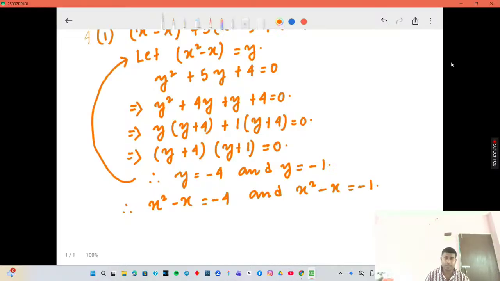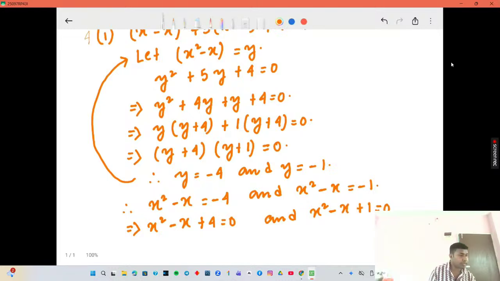Now we will solve these equations. Now you can see that two quadratic equations have come: x square minus x plus 4 is equal to 0 and x square minus x plus 1 is equal to 0.